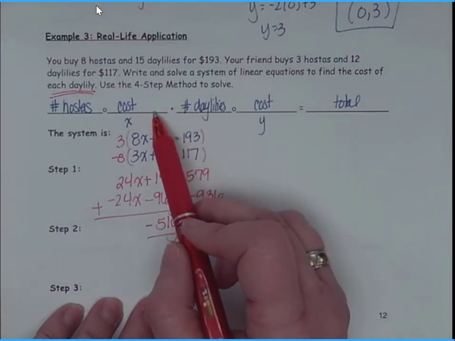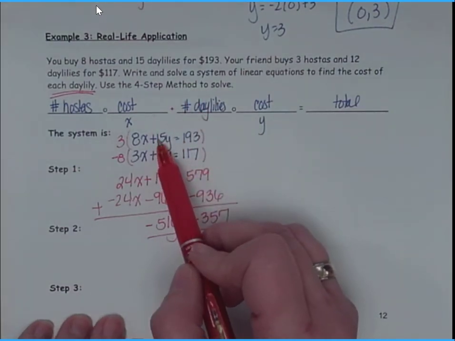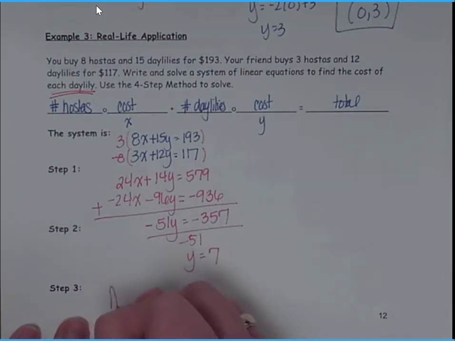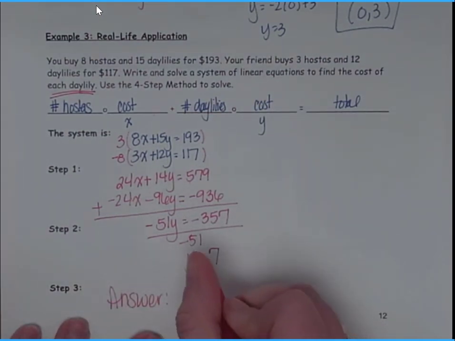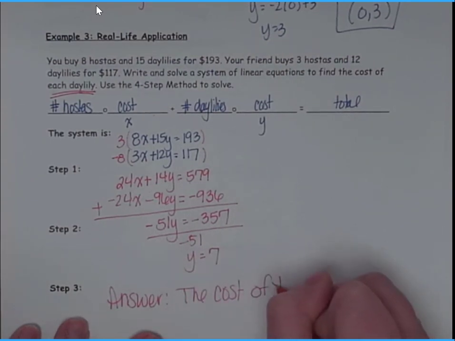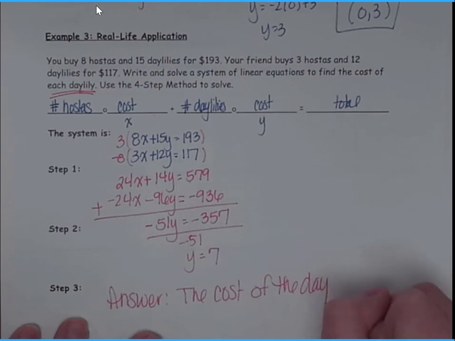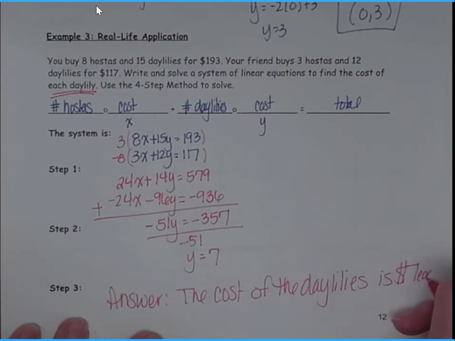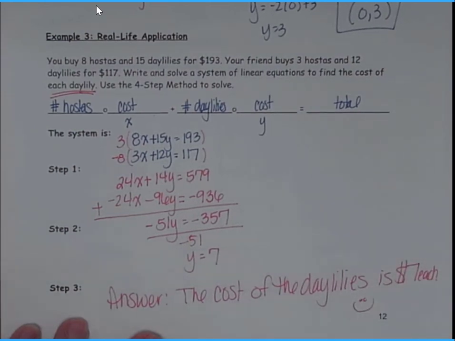So I have defined my variables, wrote a system of equations, solved it, and now let's actually answer the question. The cost of the daylilies is $7 each. And they're so pretty.